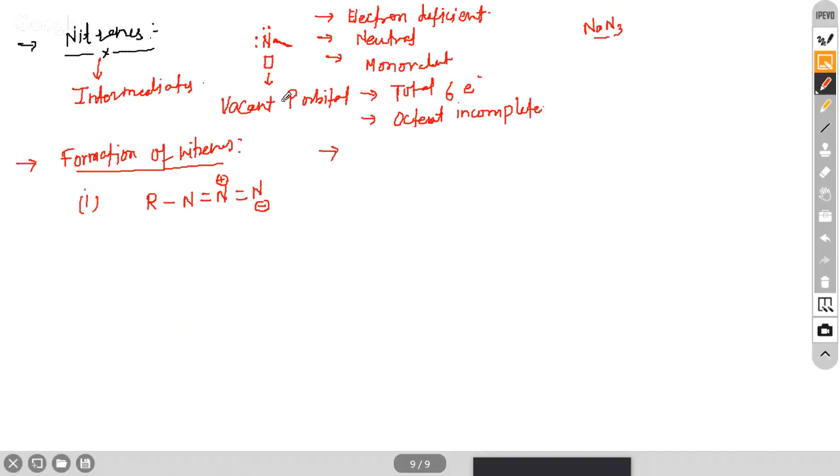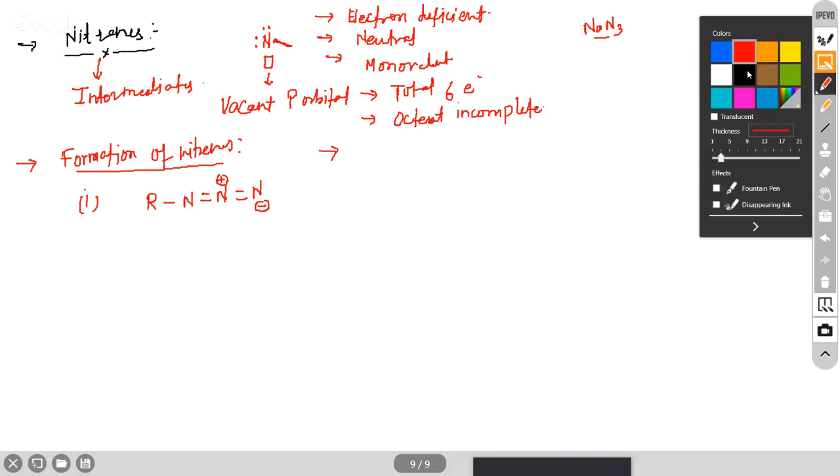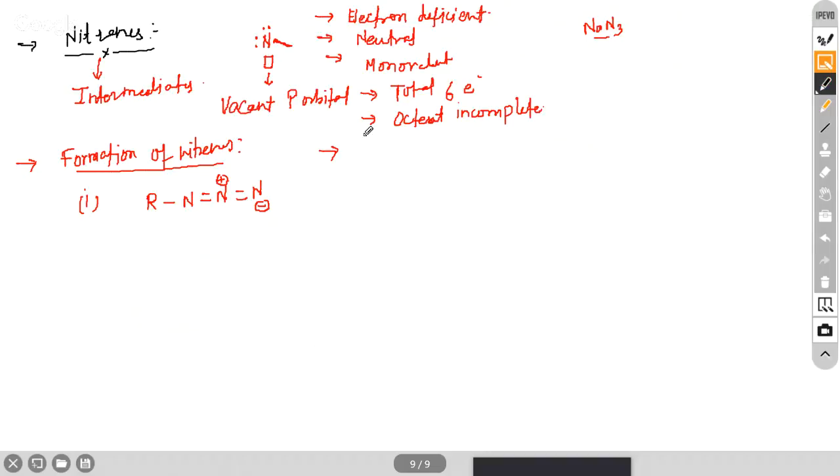Whenever we have this kind of compound, nitrene formation is possible in three cases: when you heat this compound, when you strike it with light, or when you use very high temperature. In all these three cases, formation of nitrenes is possible. How does this nitrene formation take place?